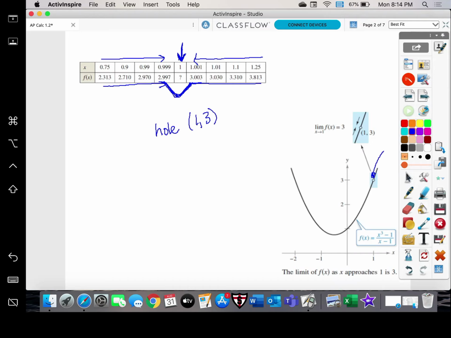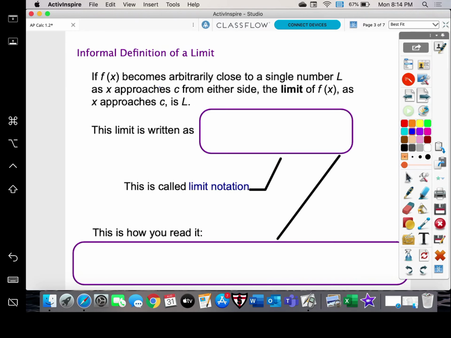A limit, as we discussed previously in class, is just the value that a function is getting close to. Not necessarily will the function equal the limit. Sometimes it does, but it doesn't have to. Very informally, the formal definition of a limit is not something we need to know. It uses epsilons and deltas and is a little bit scary. The informal definition is something that you just need to understand.